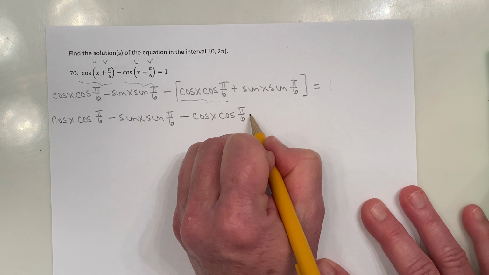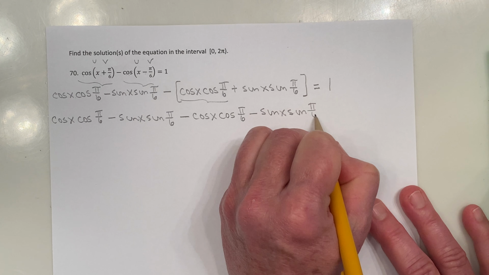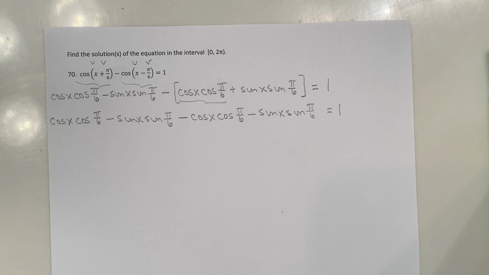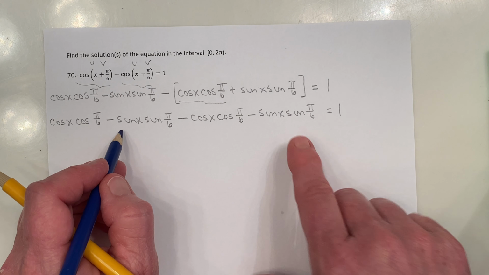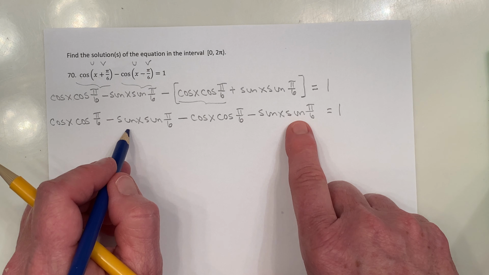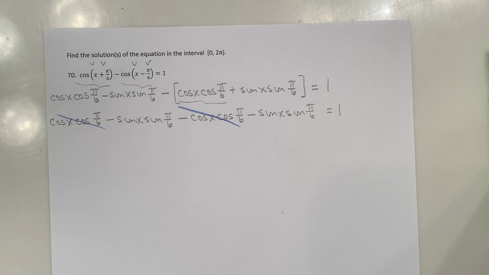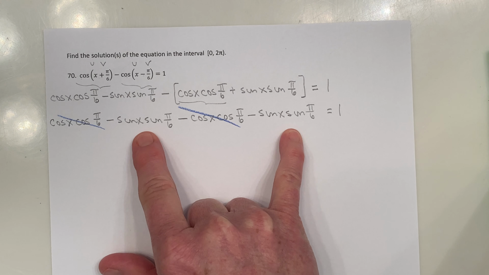And then distribute that negative in. We did that distribution first because we saw which terms are going to cancel. Not these two, these two. This one and this one, they're opposites.